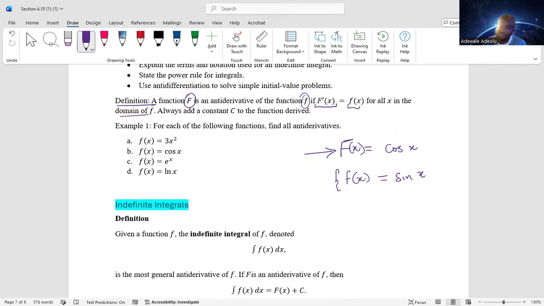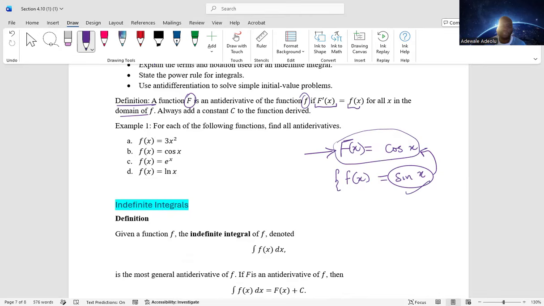Now the question we need to ask is, if we take the derivative of sine of x, what are we going to get? So if we take the derivative of sine of x, we do know that it is cosine of x, which is this. So in that case, we will claim that cosine of x is the antiderivative of sine of x. So that is what the definition is saying.